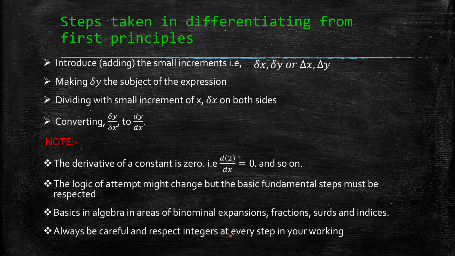Lastly, let us always be careful and respect integers in every step. One of the key things that makes even the brightest students fail is that they undermine integers, those things of negative and positive, and they end up failing. Not because they don't know, but because they take them for granted and it costs them a lot in their working.